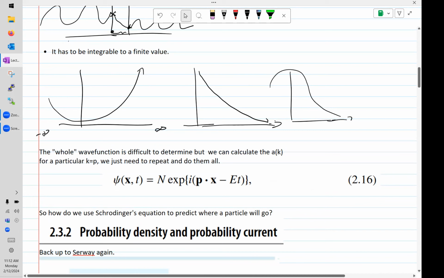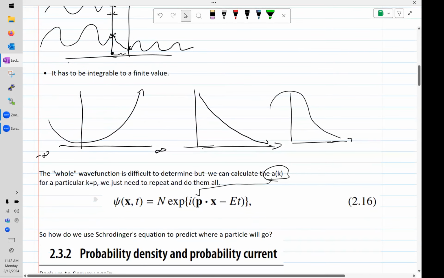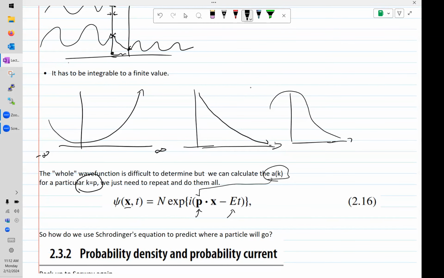So the whole wave function can be determined. We're going to break it up into little pieces, where the original wave function is this capital psi. Each of these lowercase psi represents one particular k. Remember, in natural units, this wave number is actually the momentum without having to do any conversion between wave numbers and momentum.